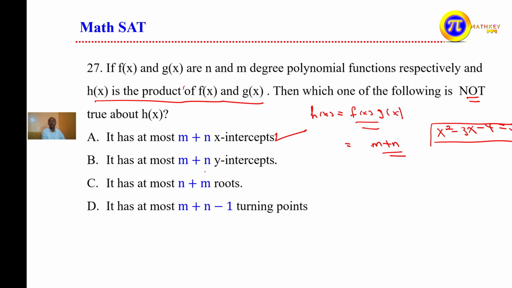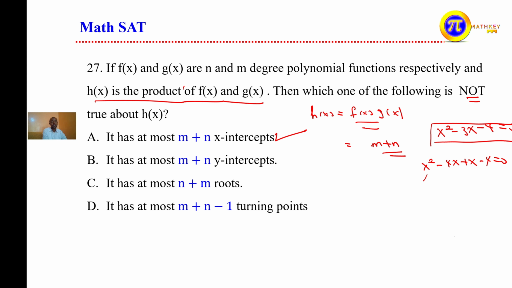It has at most m plus n y-intercepts. In case of y-intercept, x is 0. Whatever the case, it doesn't have m plus n y-intercepts. It is 0 at some point. For instance, x squared minus 4x plus x minus 4 is equal to 0.